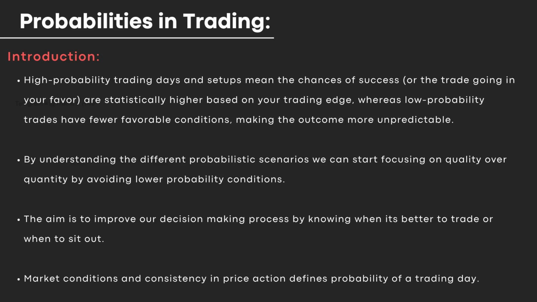Now let's talk about high probability and low probability trades. High probability trades are backed by your trading edge, meaning that they are aligned with the proven data that you've collected, or the conditions that you've seen through your edge that statistically favor your success more.